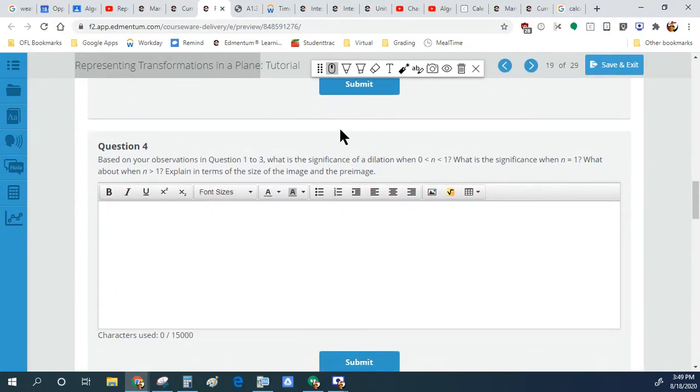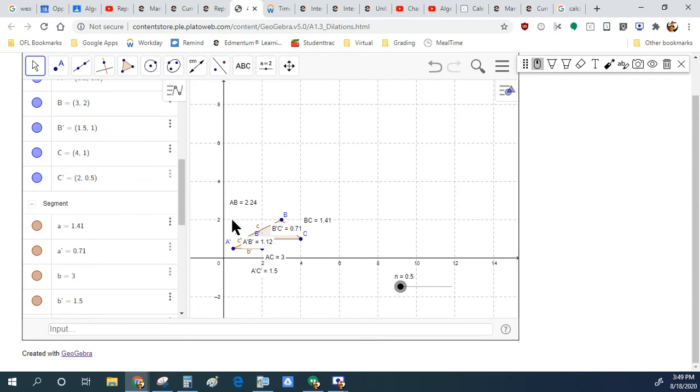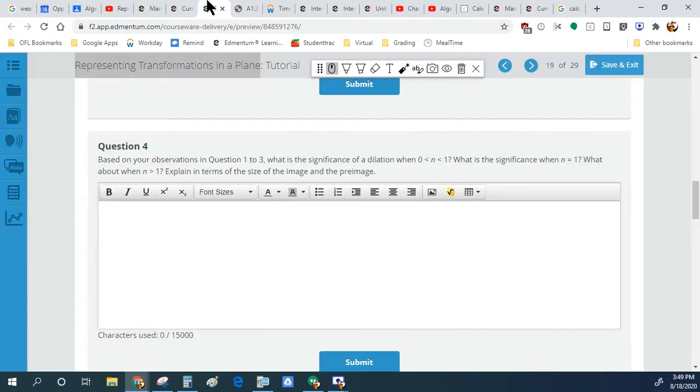All right, so the next thing we're going to do is it's going to say, what do we notice when we go from 0 to 1? So what happens here when we go from 0 to 1? In other words, it's asking, what happens when we're at a fraction? Well, when we're at a fraction, we get smaller. Everything gets smaller, right? So when scale factor is a fraction, the image gets smaller than the pre-image.